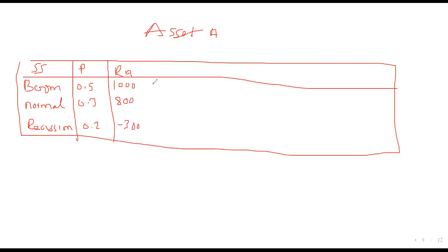Now, as we do in quantitative methods, to find the expected return we simply multiply the probability of each by its return. So for asset A, we multiply this by that, we get 500. 0.3 times 800, we get 240.